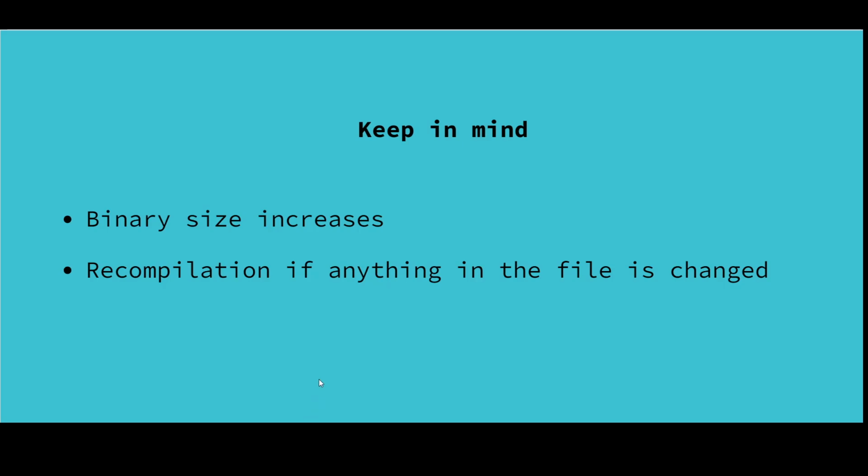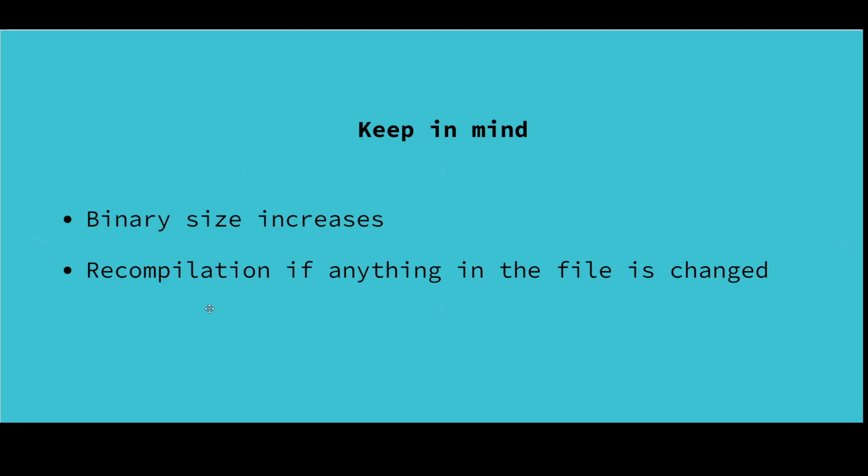So what are the things that need to be kept in mind while using the Go embed directive? First is that the binary size increases. That means if you have go:embed in your program, those files will be included during build time in the final build, meaning your library or executable, and hence the binary size increases.